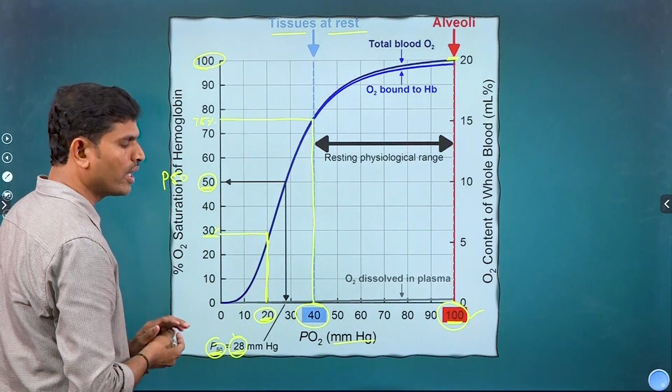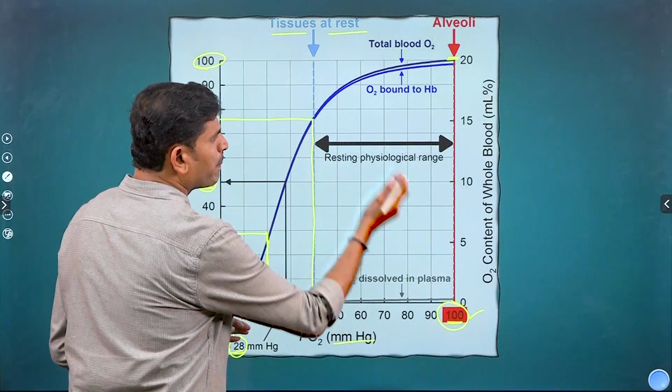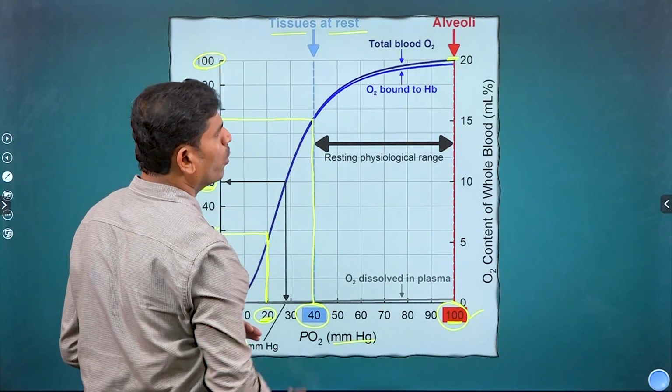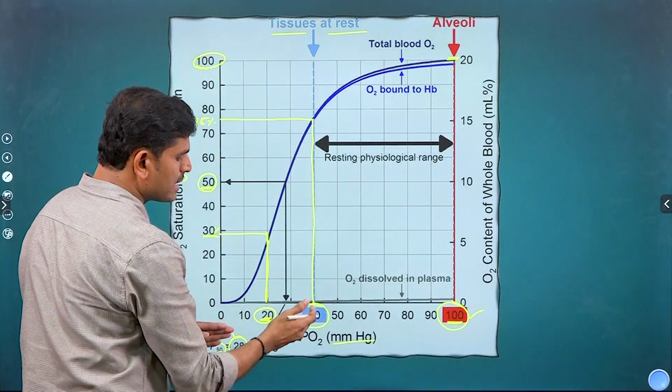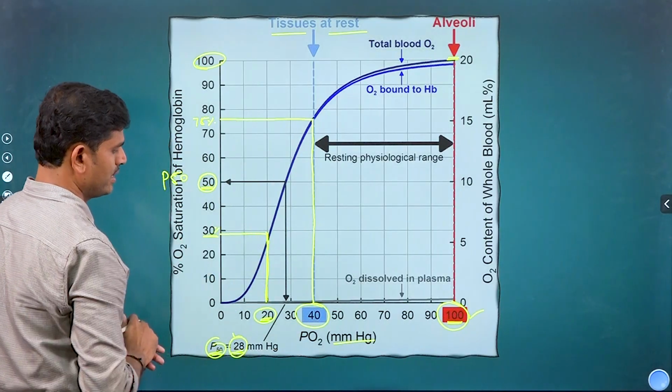So from this we can understand that when partial pressure is greater, percentage of saturation is also more. Then when partial pressure decreases, percentage of saturation also gradually decreases.